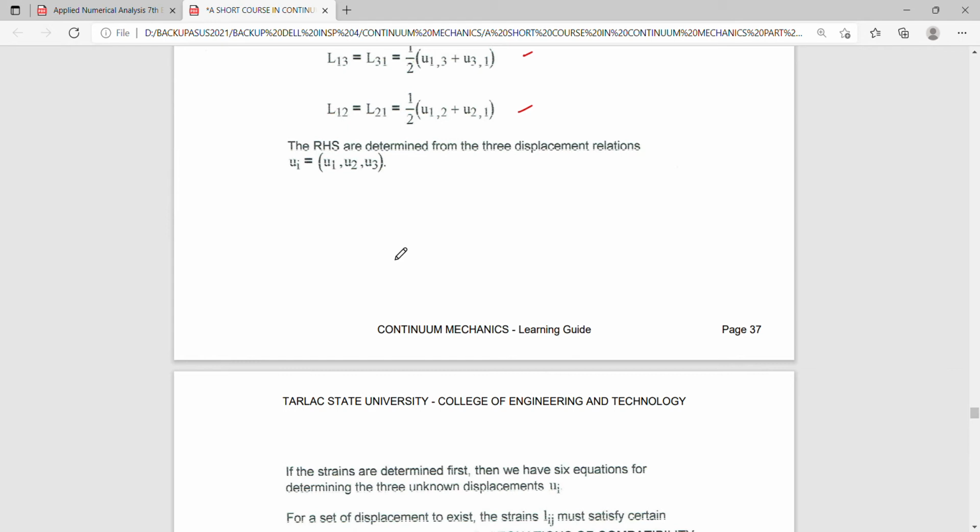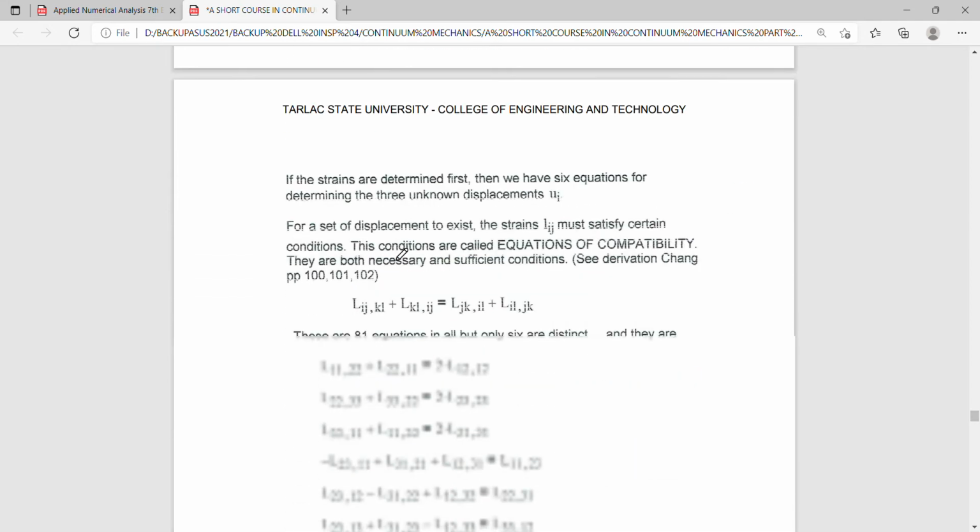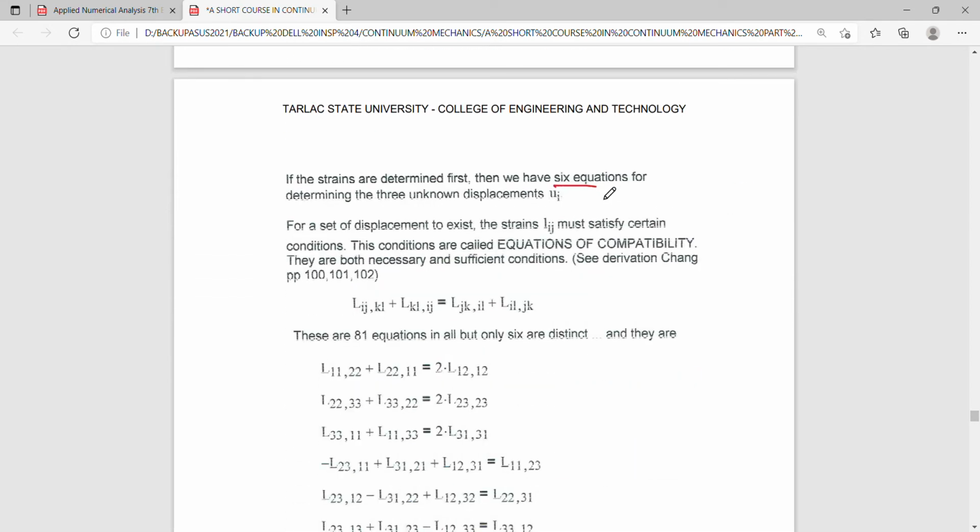So you have six available equations and you are only bound to get three unknown displacements, then it should be that the other linear strain components must be compatible, and that's the use of the equations of compatibility in order for us to assure ourselves that everything is fine.